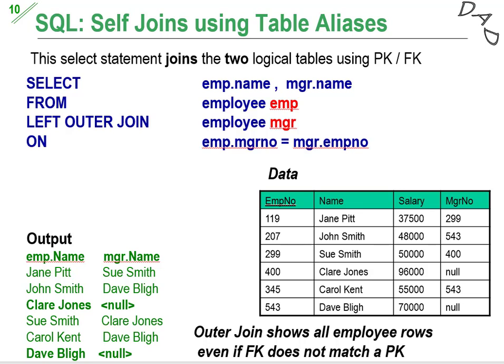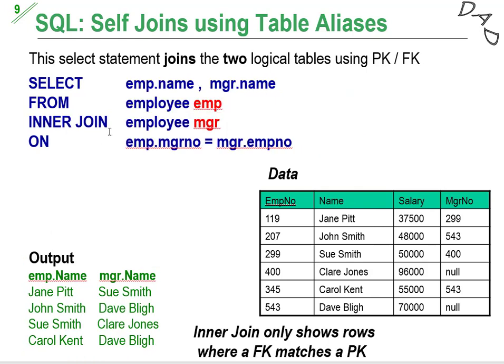So basically now, if you run this statement, this inner join, we have a problem. What is the problem of the inner join? It actually ignores the null values, isn't it?